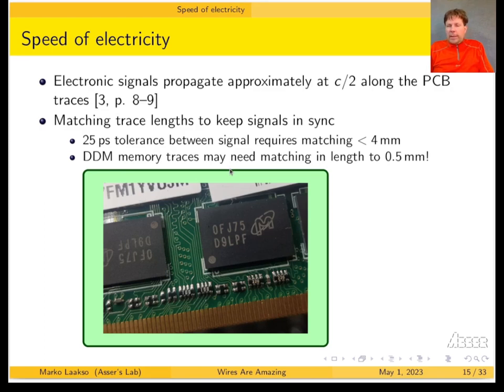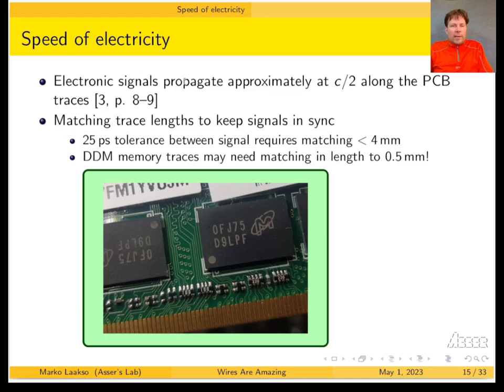Speed of electricity. Electronic signals propagate approximately at half of the speed of light in vacuum along the PCB traces. That's a rough measure and varies, of course, but you can see that the speed of electricity in these media is slower than in vacuum.